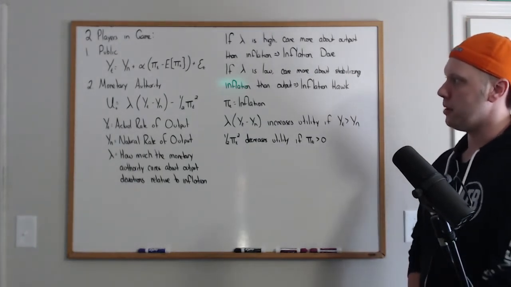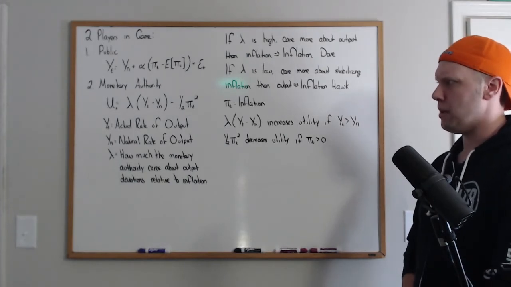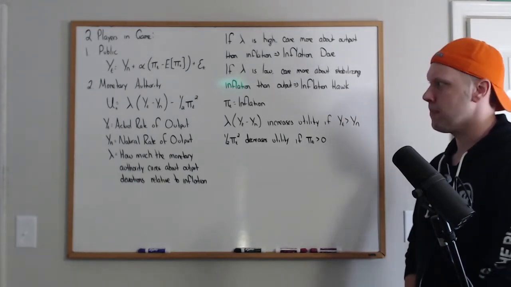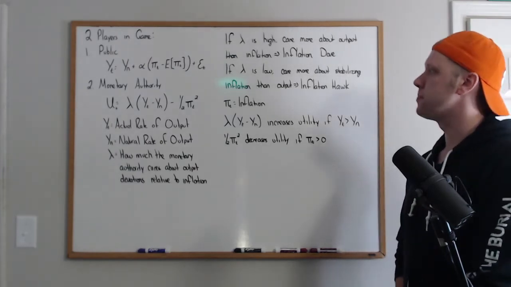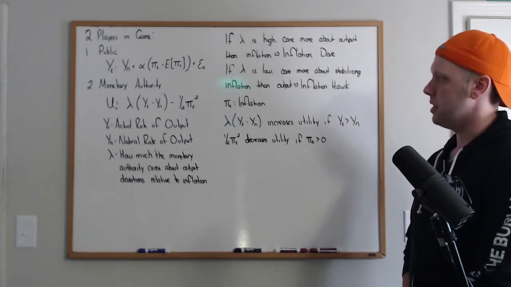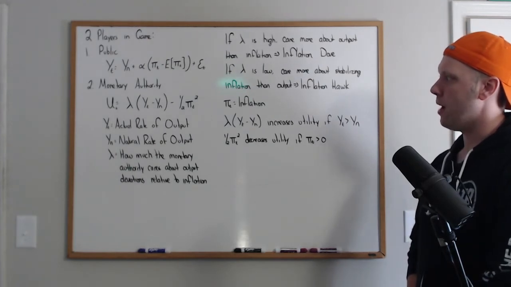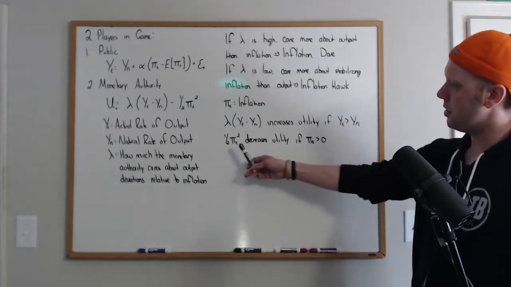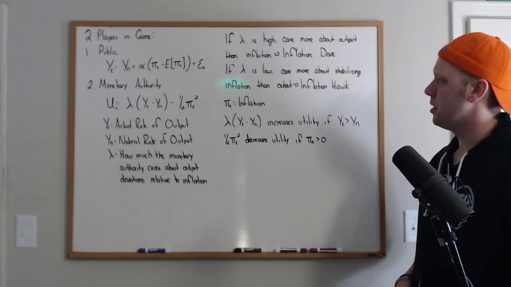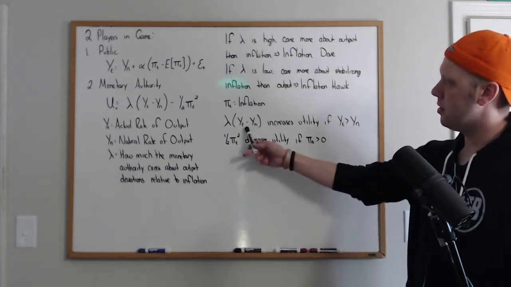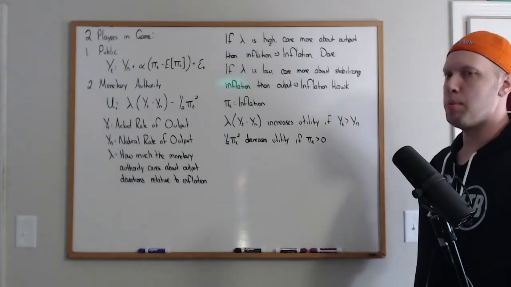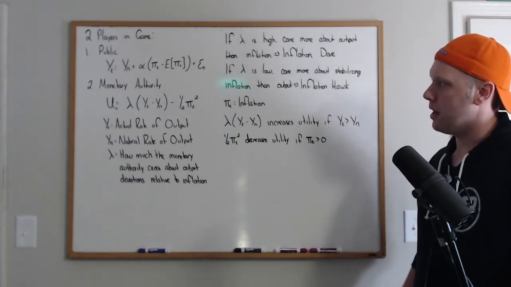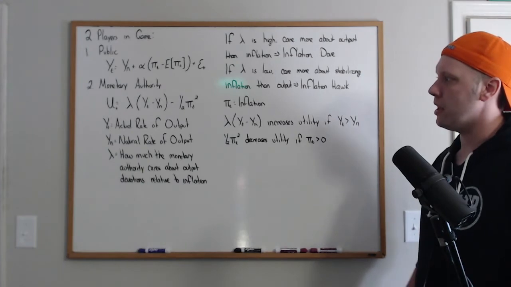So now this is probably where you're going, okay, why would there be any inflation whatsoever? Well, allow me to teach you something. Yes, it does decrease utility. However, if a little bit of an increase in inflation leads to a bigger increase in a deviation of output from its natural rate, then the central bank's overall utility will be increased.